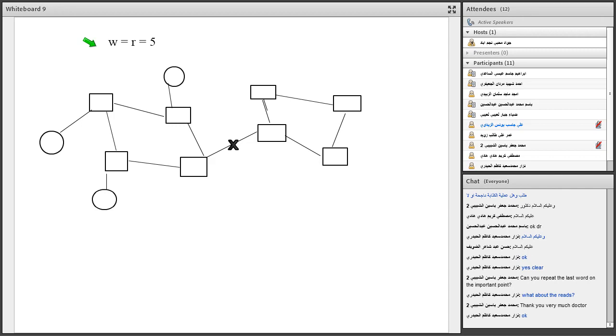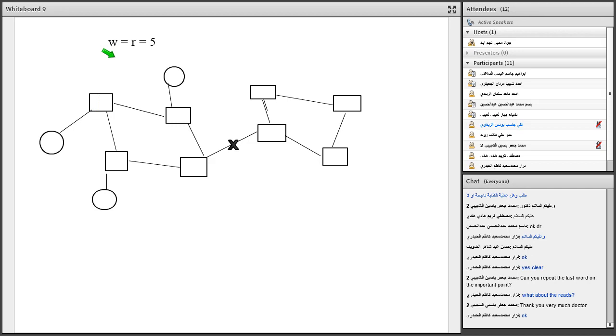In this state, this request can be sent to both partitions, to a square node and to a circle node. We know that the data in circle and square nodes are different. We know that, but we need a quorum for write and read, and we cannot get the quorum.